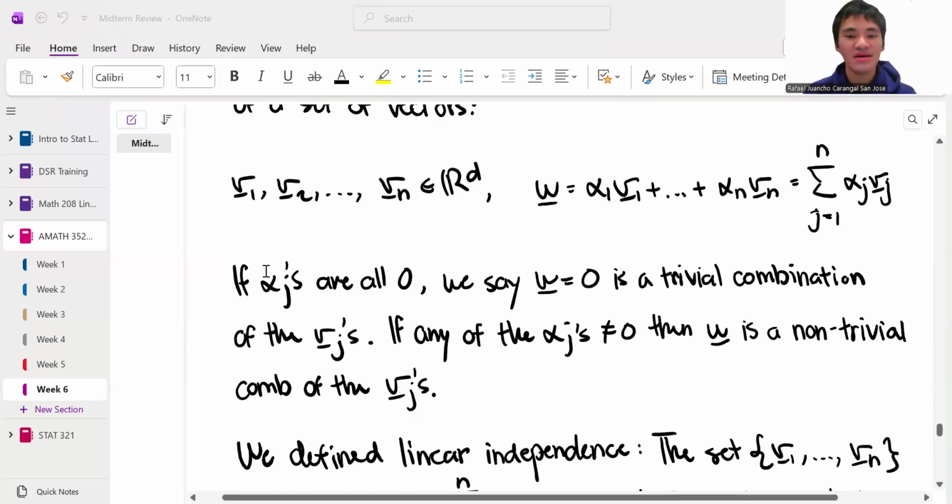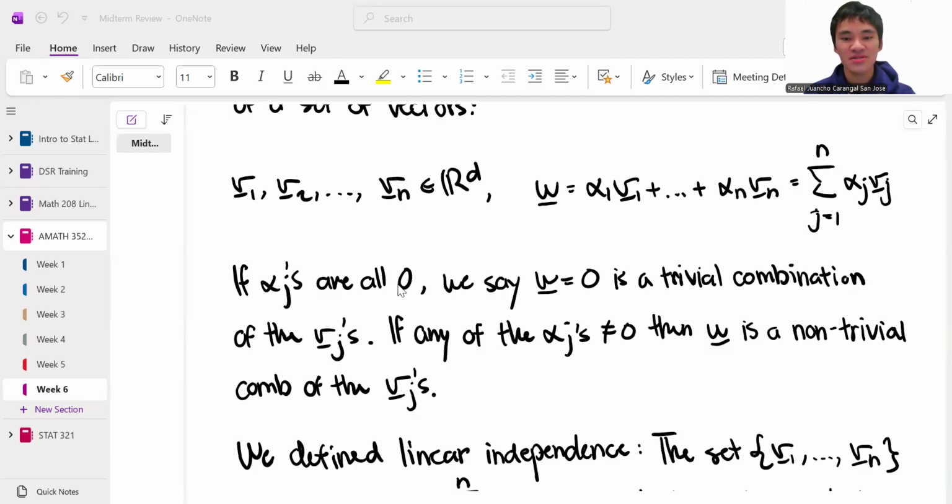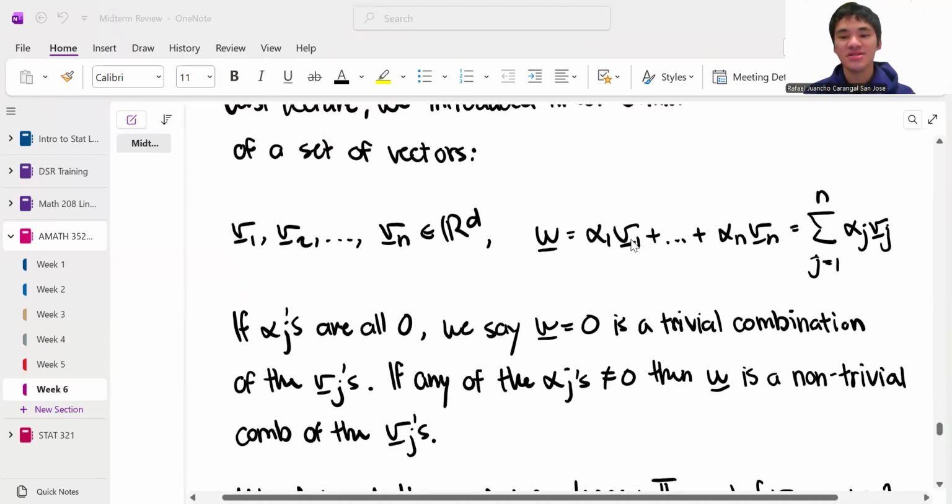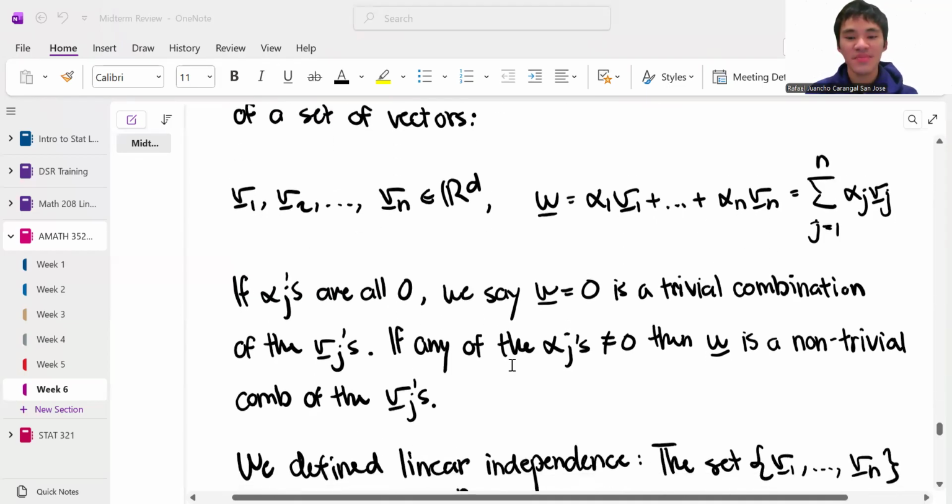If the alpha j's are all 0, then our vector w, the output, is going to be a trivial linear combination, an obvious linear combination of the vj's, or of v1 to n.